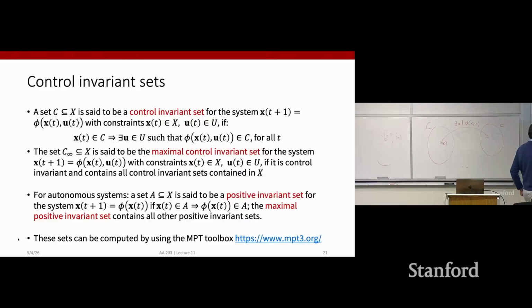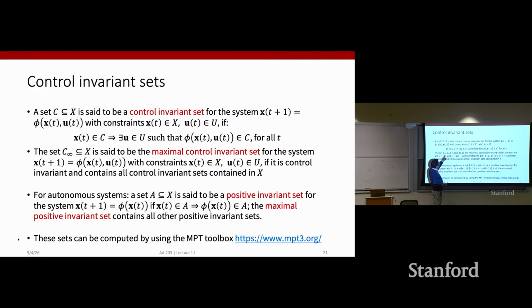The set C infinity, this is really just a minor notation, is said to be the maximal control invariant set if this control invariant contains all control invariant sets containing X. It's basically the largest possible control invariant set that you might have for a dynamical system. A similar definition arises for autonomous systems, so systems where you don't have explicit dependence on the control.